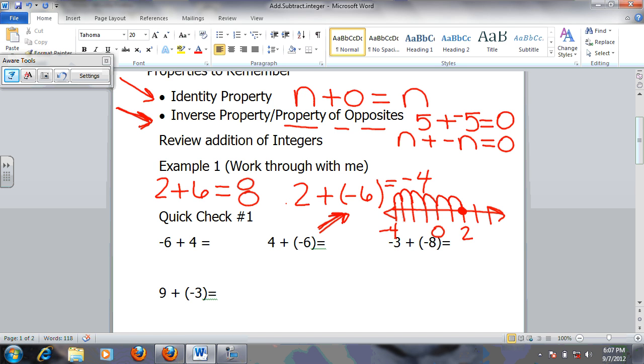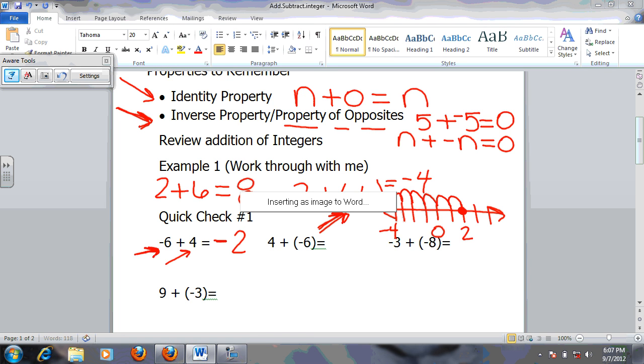Let's do a few quick check problems together. Negative 6 plus 4 equals, well, if I borrowed $6 and I pay someone back $4, I still owe them, so that's negative $2. The same is true for 4 plus negative 6.